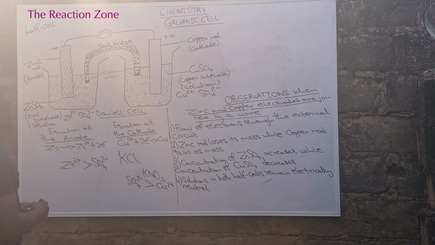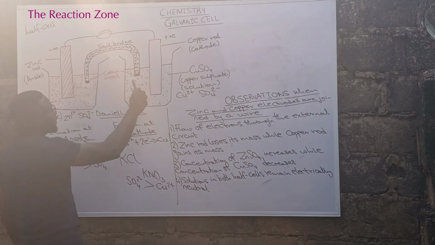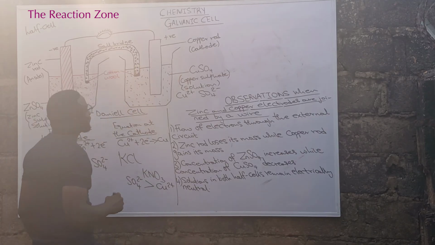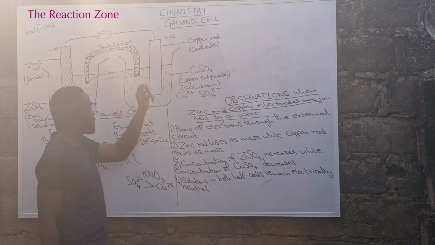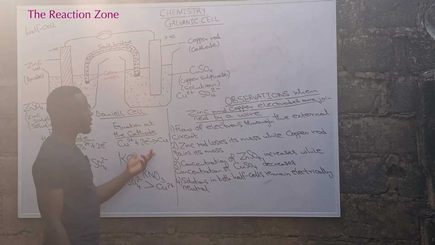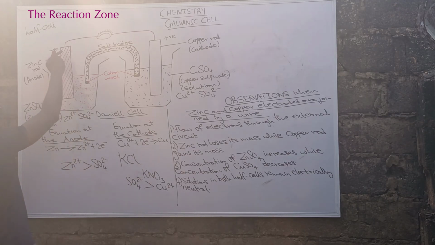Having said that, the copper rod, which is here, is the cathode. It is the positive electrode, and it is where reduction takes place. The zinc rod, which is here, is the anode.